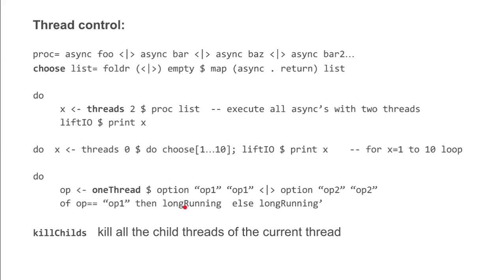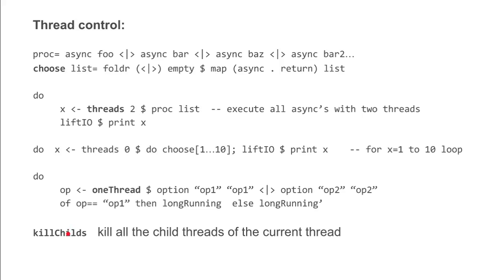What oneThread does is assure that the continuation is ever one single thread. It kills everything else that is running when one new option is successful.